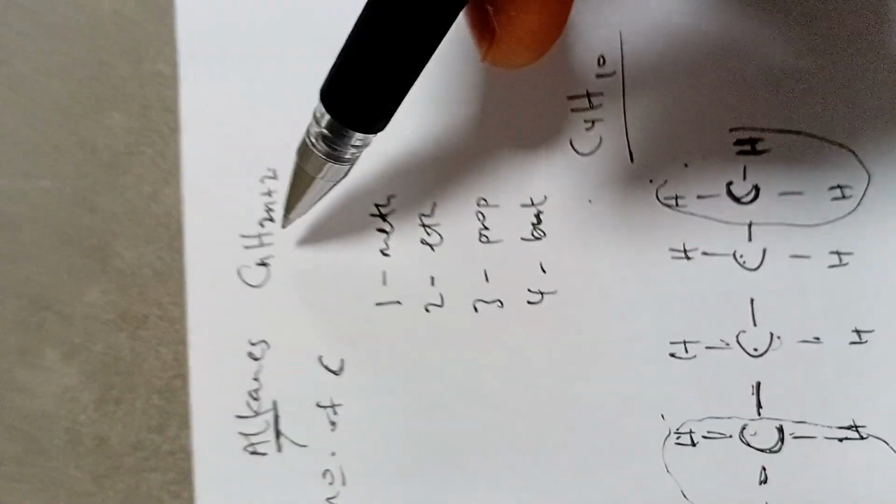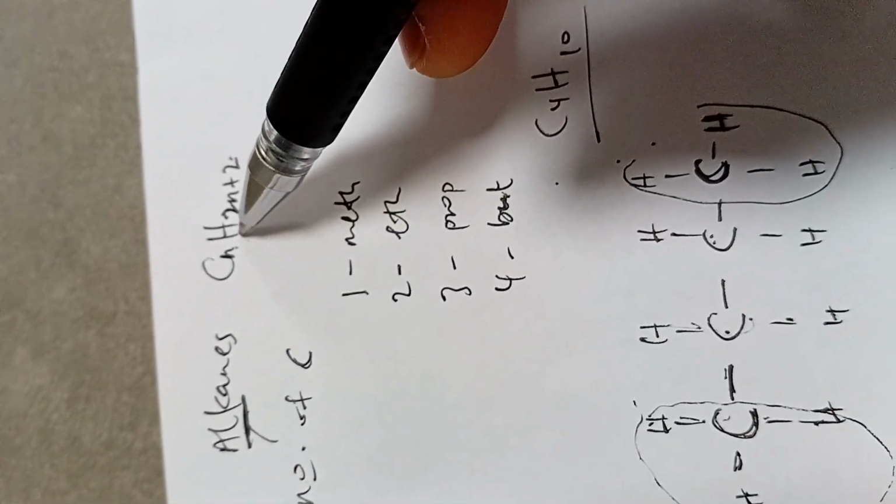Then we said that if this alkane loses one hydrogen, it's going to form an alkyl group. So CnH2n+2, instead of plus 2, make it plus 1 because it has lost one hydrogen. So C4H9. This is going to be what? Butyl, because we call this an alkyl group. Alk is the number of carbons. How many carbons? 4. So but is the alk, and add the yl. So butyl.